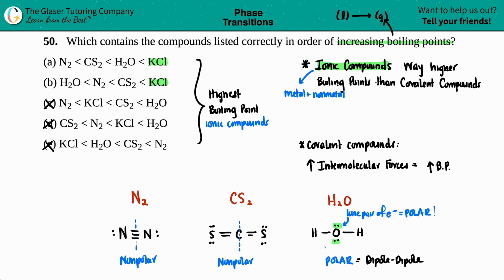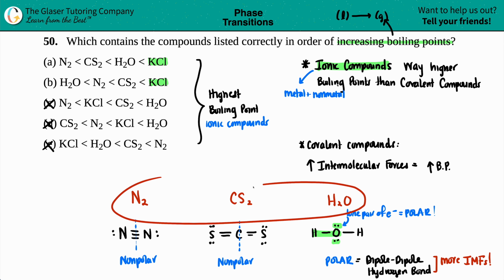And since water has an OH bond, that's a very special bond because that's also a hydrogen bond. Your nonpolar ones do not have them. So these are more intermolecular forces, IMFs. And the more intermolecular force, the higher the boiling point.